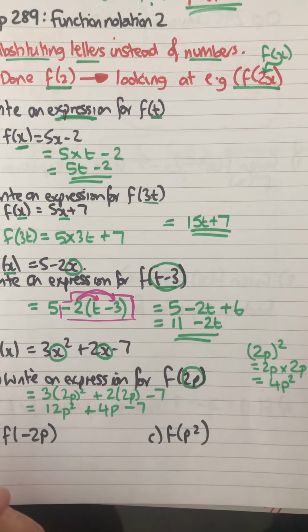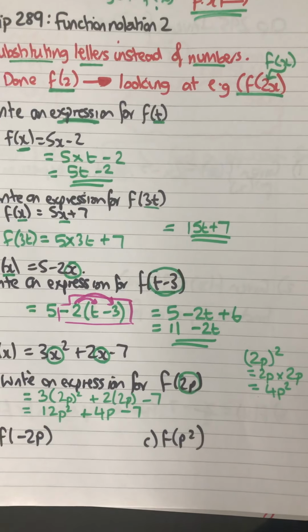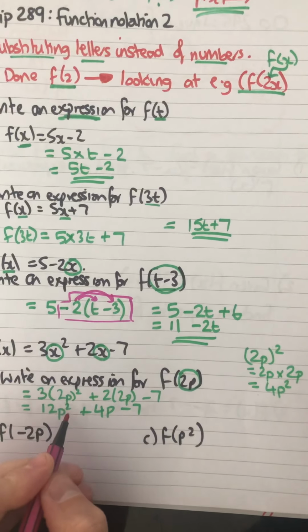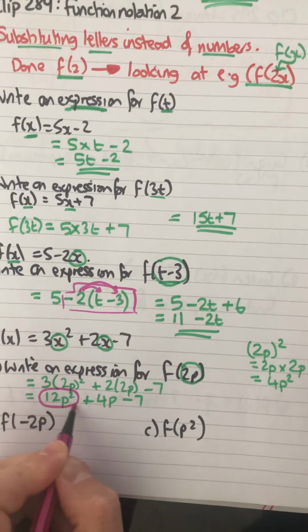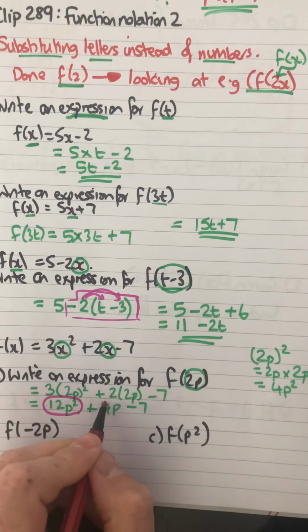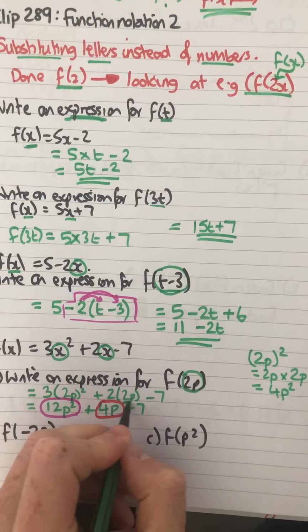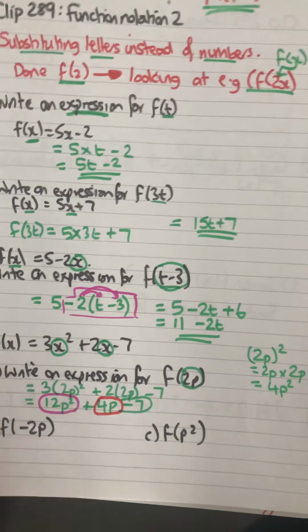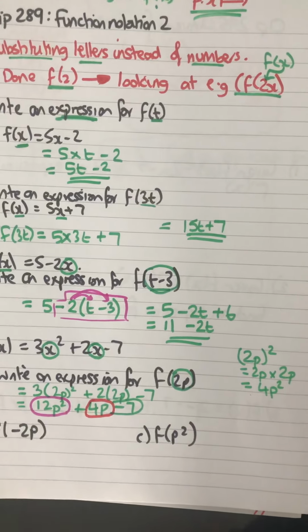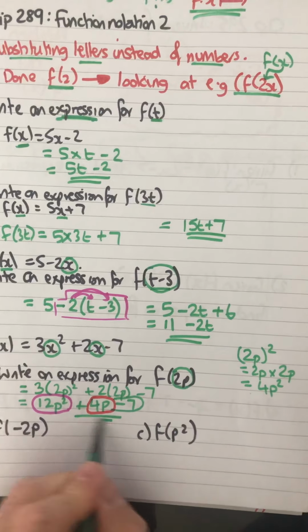Now, can you simplify any of those? In other words, have you got any like terms? Well, this one's a p squared term. This one's just a p term. And this one is just a number. None of those are the same, which means that is the final answer.